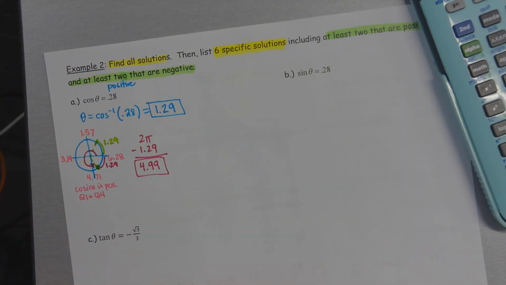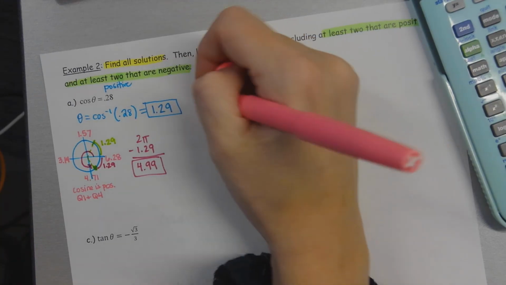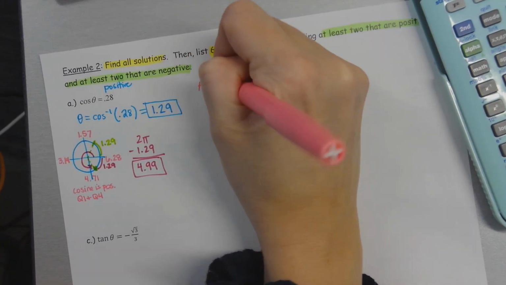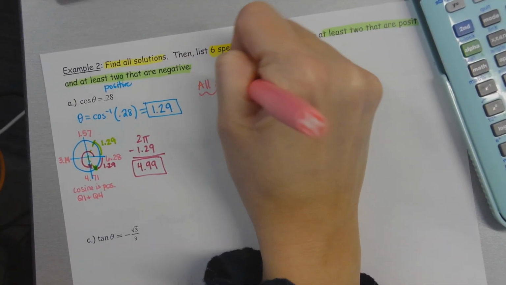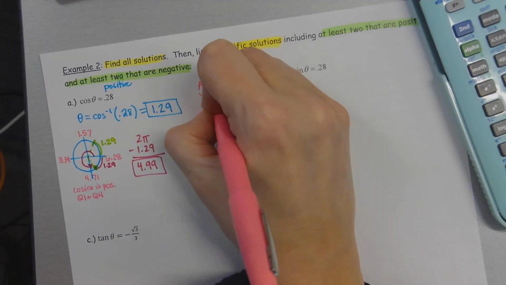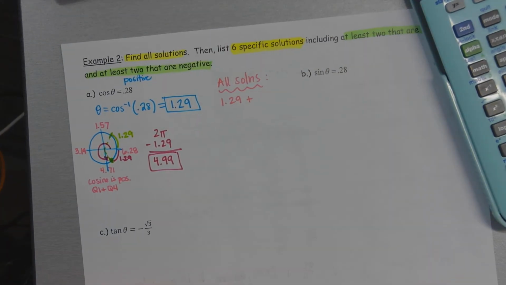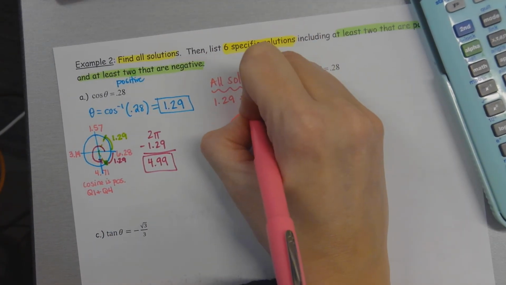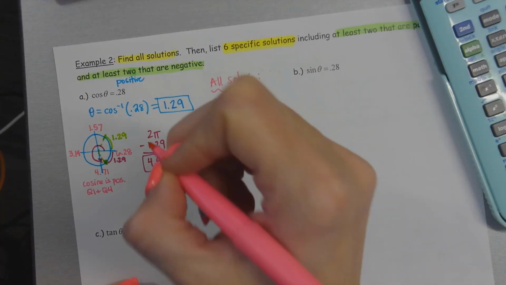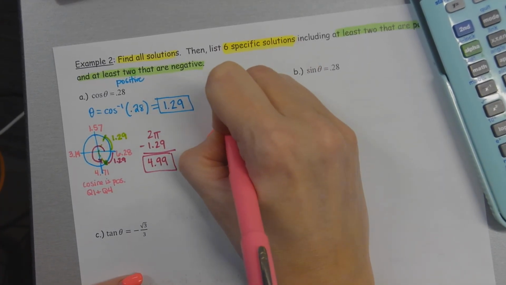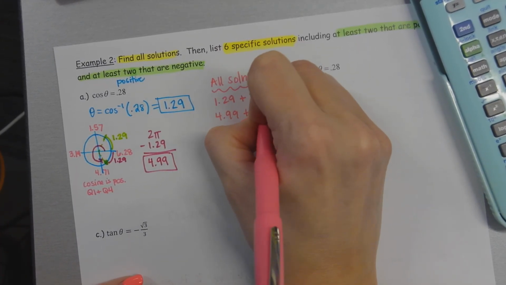Okay, so when you are writing all of your solutions, you need an equation. So 1.29 plus, and then the period for cosine is 2 pi, so it's 2 pi k. And then 4.99 plus 2 pi k.